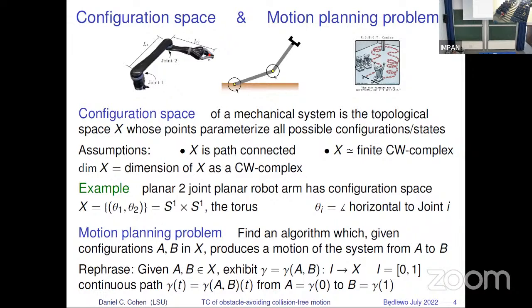In this picture you see up here, maybe if the robot arm is only allowed to move in the plane and nothing gets in its way, each joint has a circle's worth of positions in which it could be. So the configuration space of that arm would be a torus. That's one example.